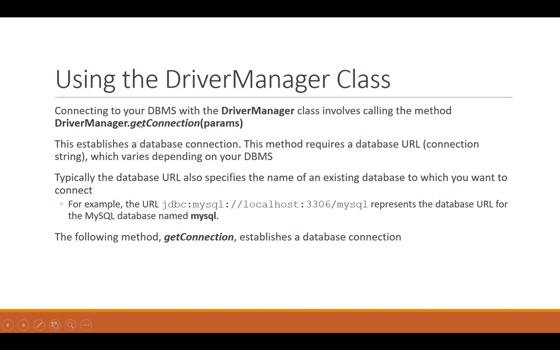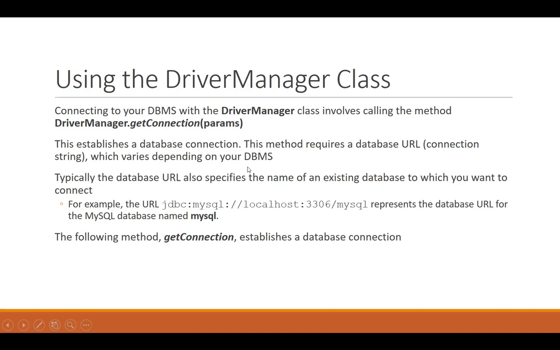And so that gives you your connection to the database. The connection object, the instance you have of the connection object, represents your interface, your API to communicate with the database. So that gives you a database connection, and that requires the database URL, that connection string.